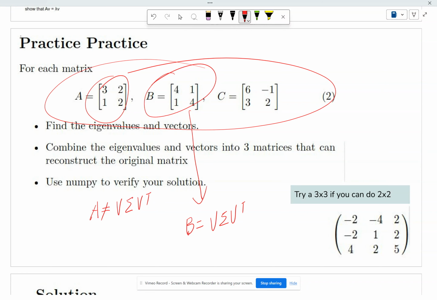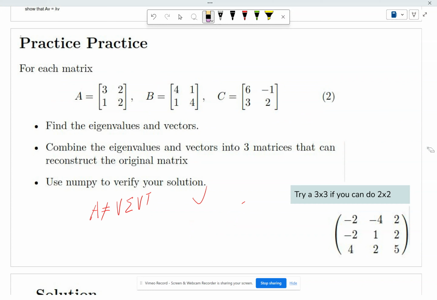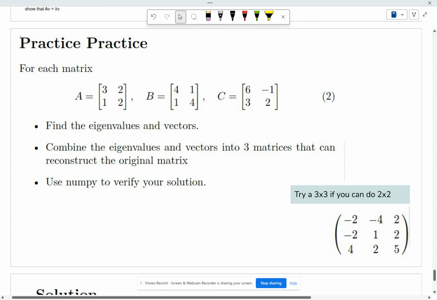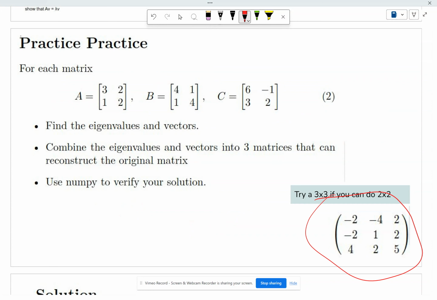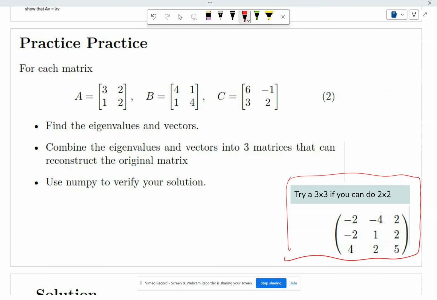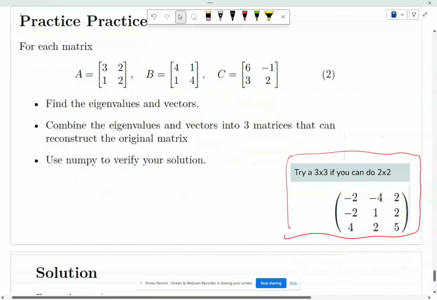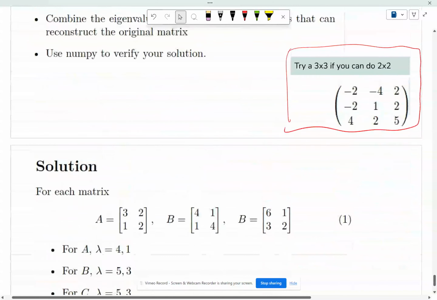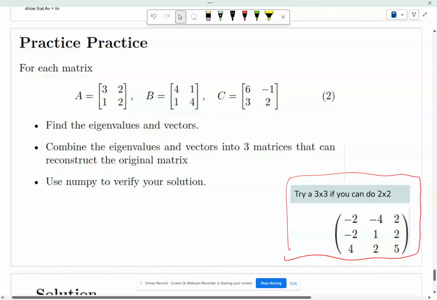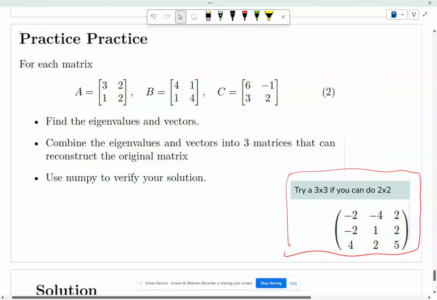And once you have done this, give a bigger matrix a try. This one. I think on the exam, I will have to do one 3x3, because 3x3 allows us to test a lot of various concepts simultaneously. So give these a try. I even provide some of the solutions for you. So, good luck. I will see you in the next video.